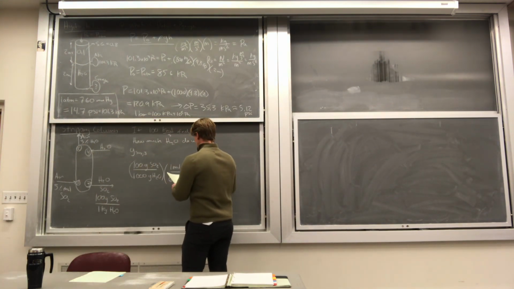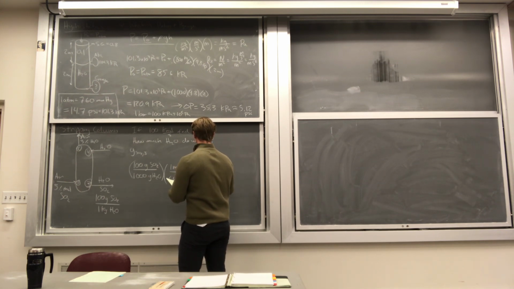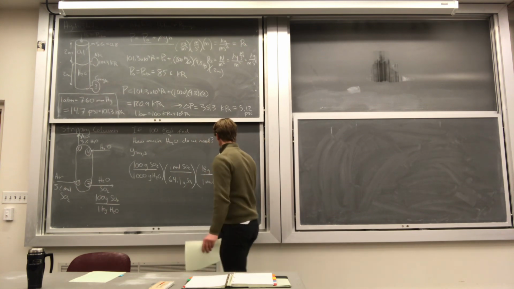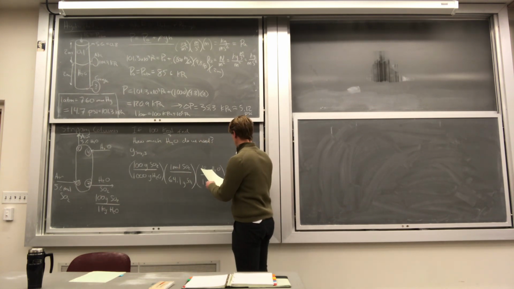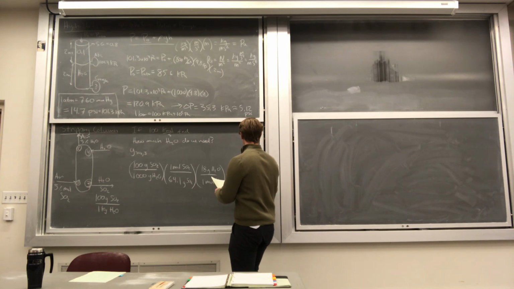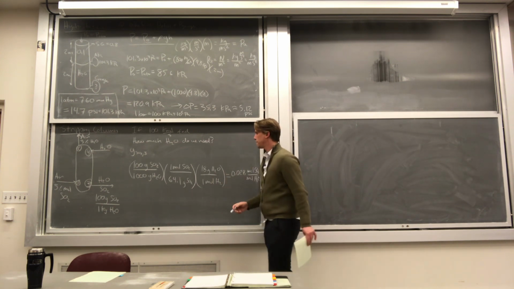And then for water, we have 18 grams of water is equal to 1 mole of water. And this results in 0.028 moles of SO2 per mole of H2O.